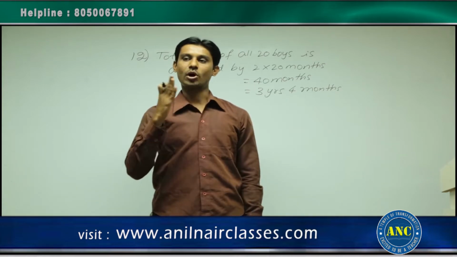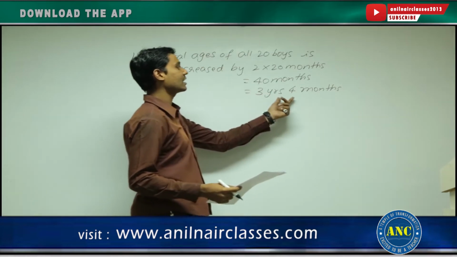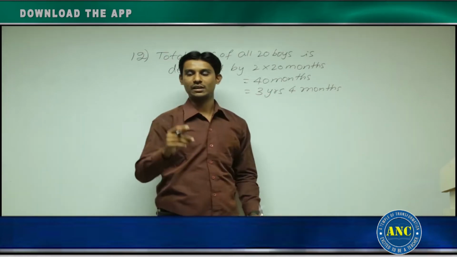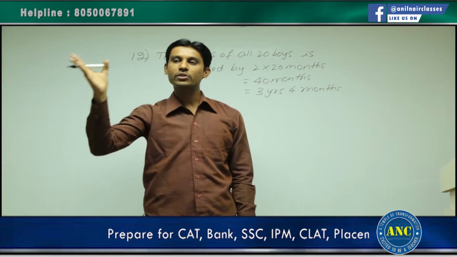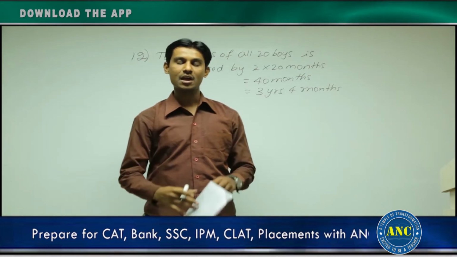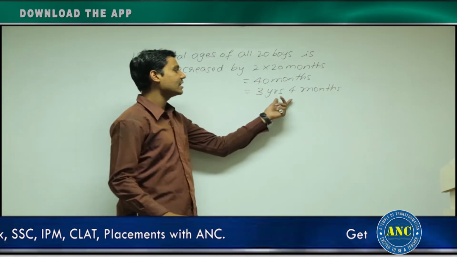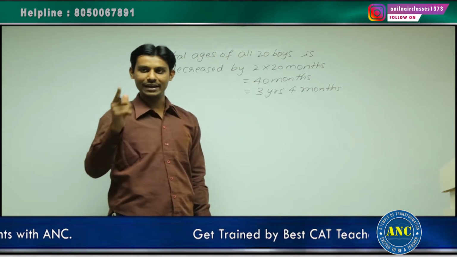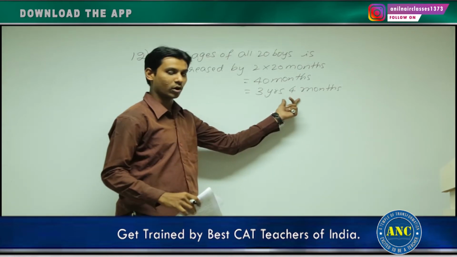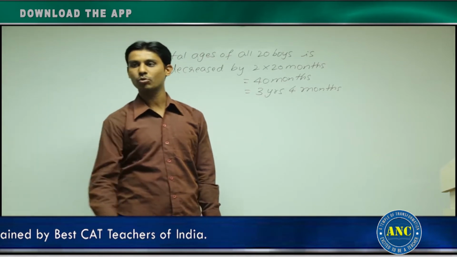But my age is not 18 years, because it is said that the total age is decreased by 3 years and 4 months. That means he is 18 years of age who went outside the class. I am the new person who is joining inside the class. Because I joined and he left, the total age is decreased by 3 years and 4 months. That means my age will be 3 years and 4 months less compared to the person who left the class.